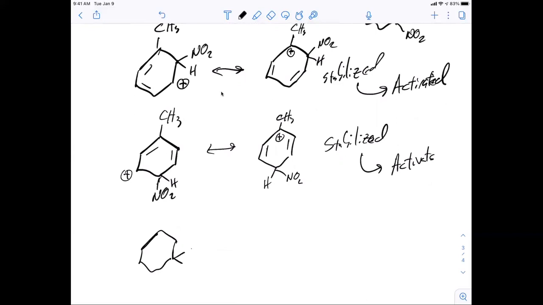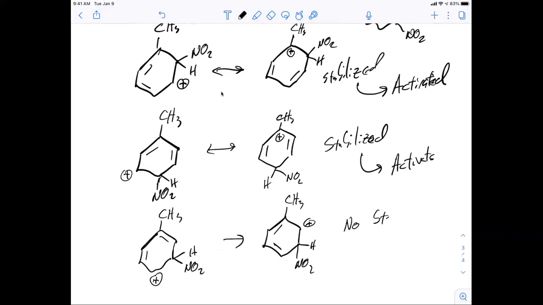But if we had the meta, there is no way to get the methyl group next to the positive.